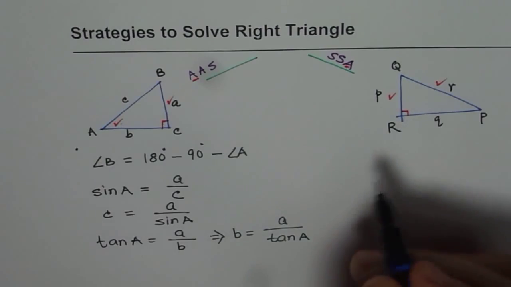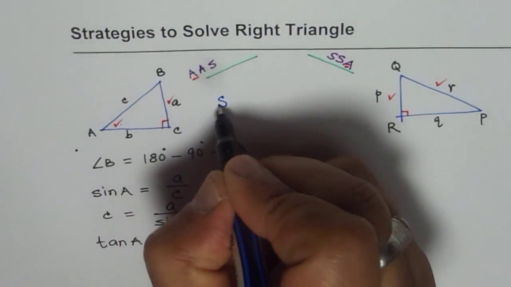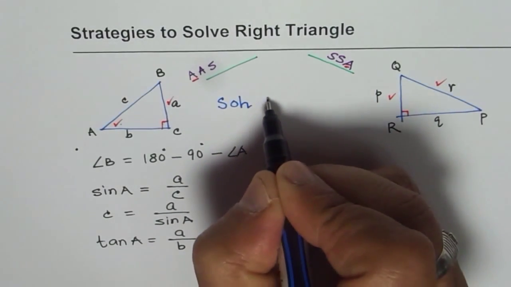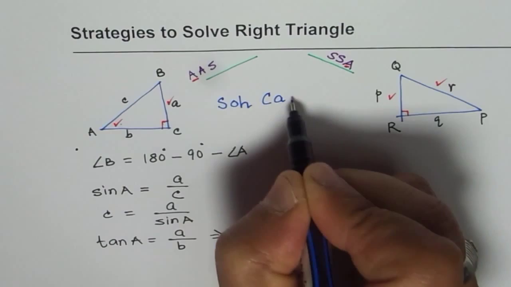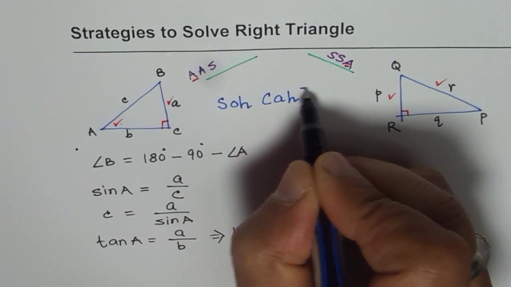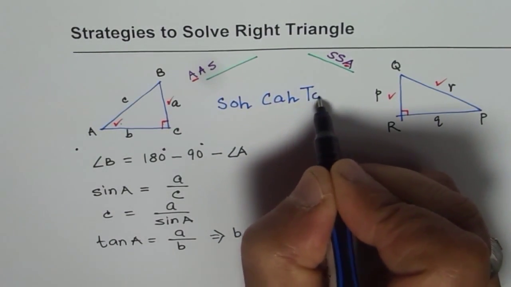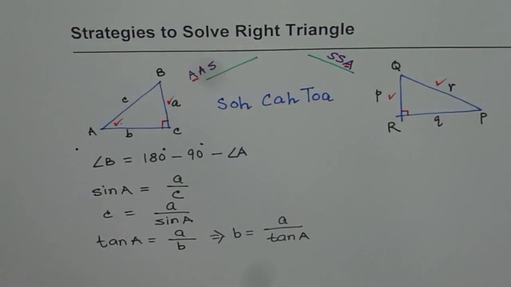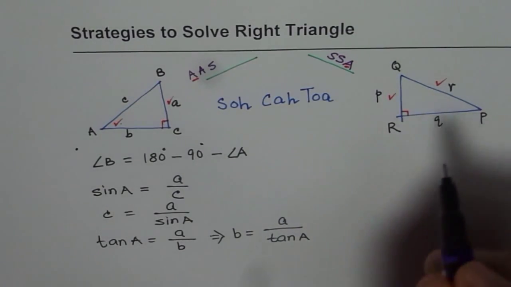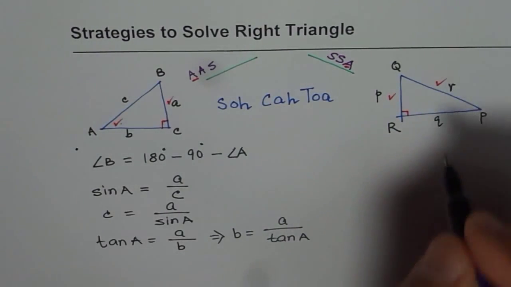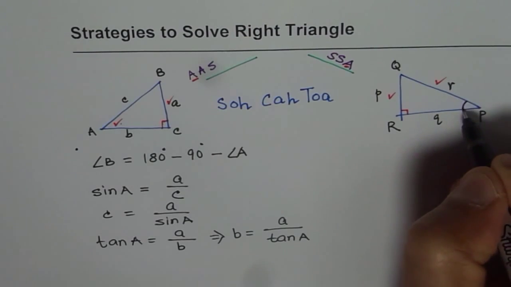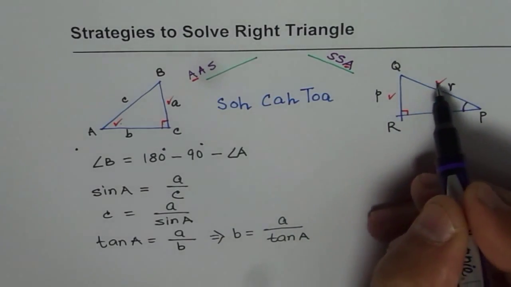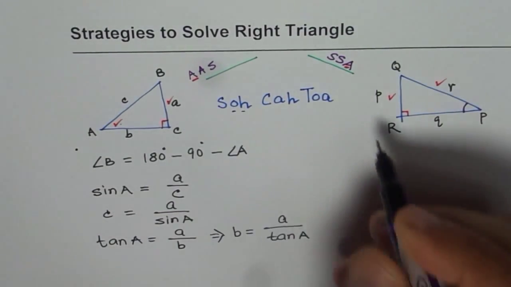Remember SOHCAHTOA, let me just remind you: sine is a ratio of opposite over hypotenuse, cos is a ratio of adjacent side over hypotenuse, and tan is a ratio of opposite over adjacent. So we are going to use the trigonometric ratios to solve the triangle. Now since we know two sides, and if we see from the angle P, then that is the opposite side. So we can use opposite and hypotenuse, that means sine, correct?